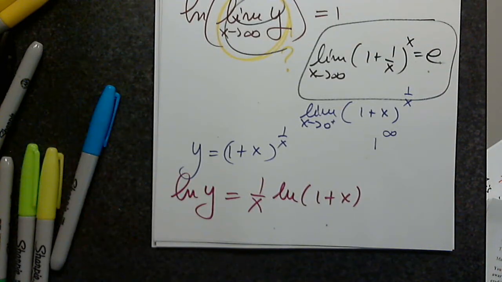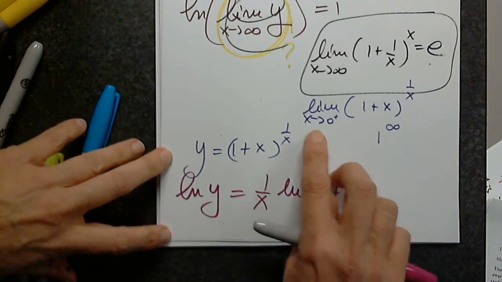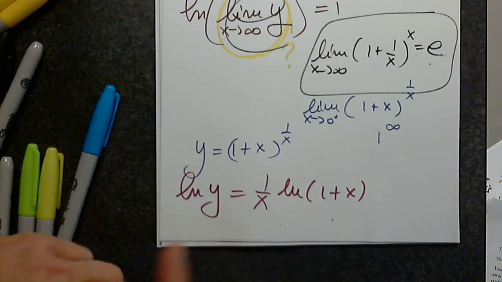So let's just focus on one side. The limit from either side of 1 over x is DNE. Would this also work if it was 1 to negative? Yes, same thing. Okay, so I have natural log y, which is this.